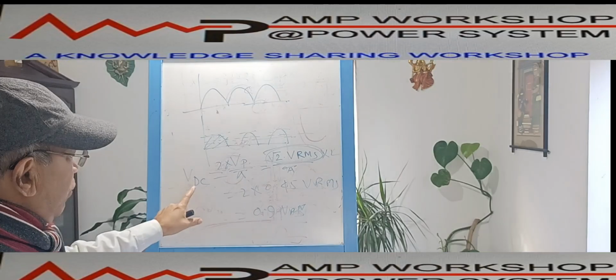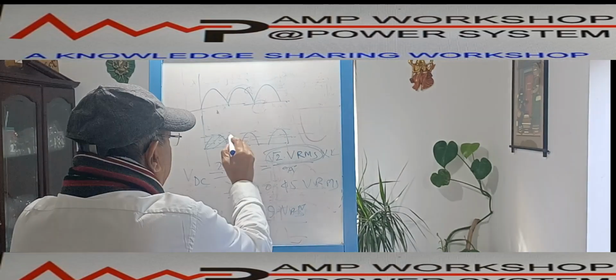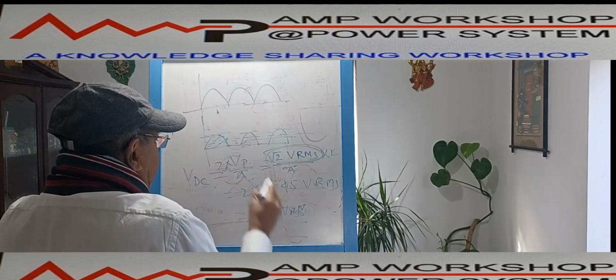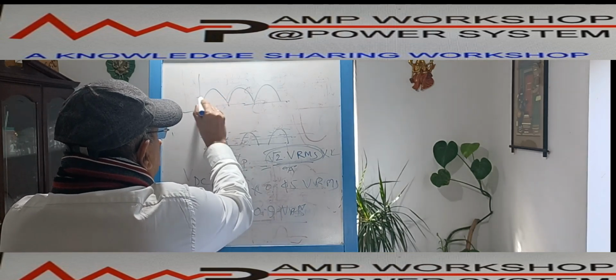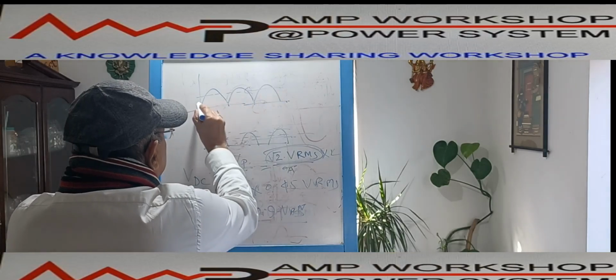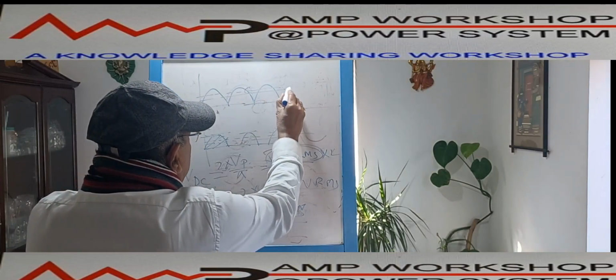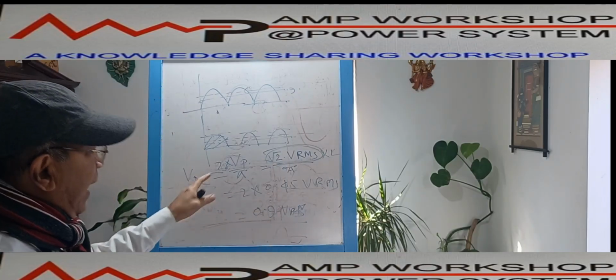So in the case of a full wave rectifier, if this is the VRMS value, VDC will be approximately 0.9 of VRMS. That will be the calculation of this.